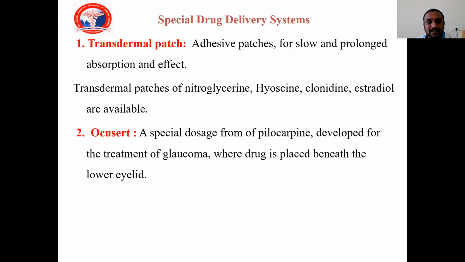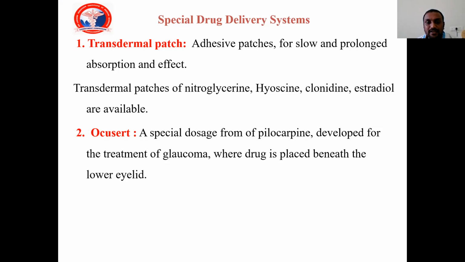Special drug delivery system in the case of transdermal patches: adhesive patches for slow and prolonged absorption. Transdermal patches of nitroglycerin, hyoscine, clonidine, and estradiol are available.